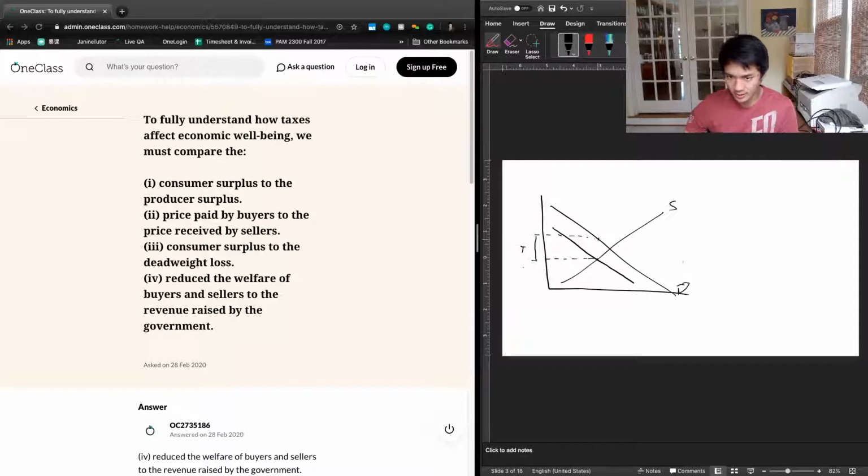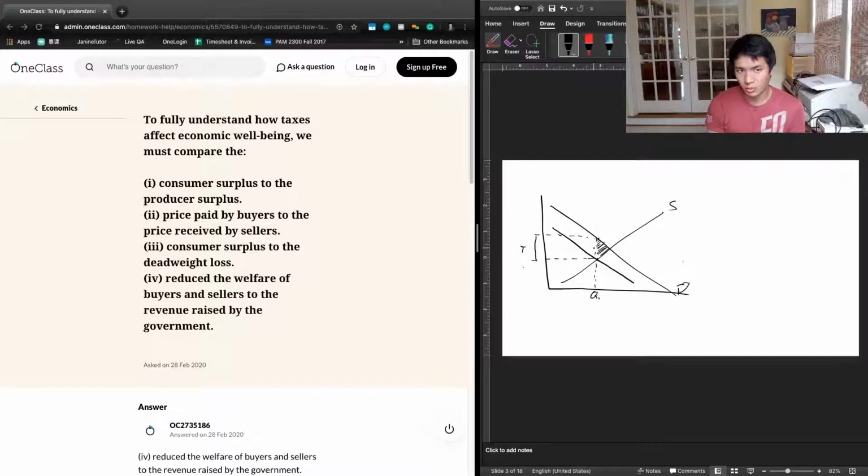And so we can see here that output shrinks, and we have deadweight loss right here. So this is what a traditional tax might look like, and we see something similar if you get a supply side tax instead of a demand side tax.